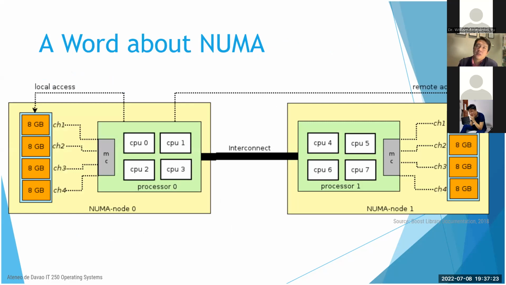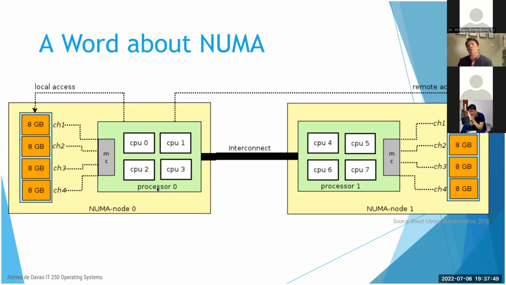Okay. Now, this is a concept that we may not have time to demonstrate, so we'll just lecture it here. When you have a multiprocessing or a multi-core system, you have, for example, this one, which is an example of a 2-socket system with 4 cores per socket. Each socket here is, in this case, labeled NUMA node 0 and NUMA node 1.